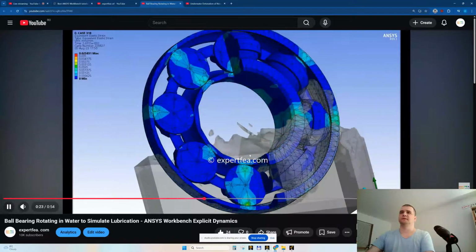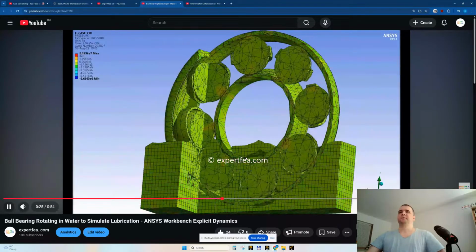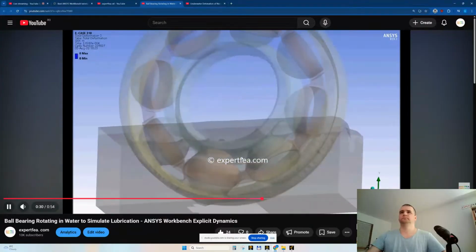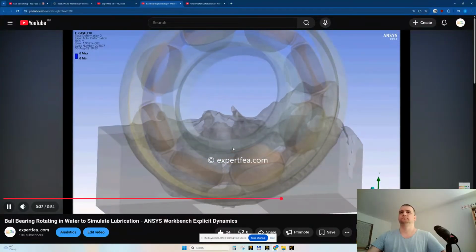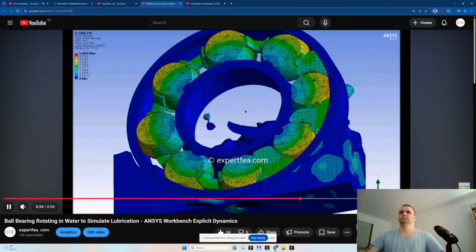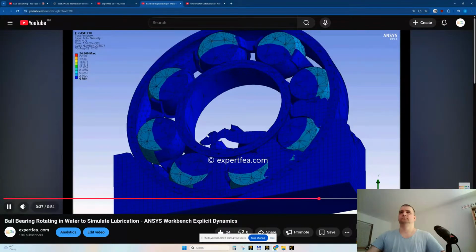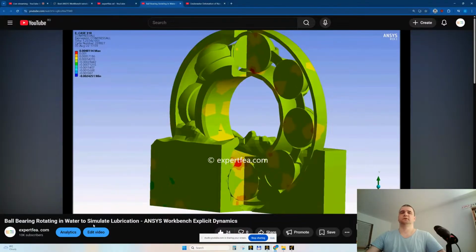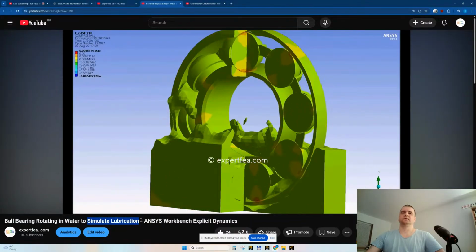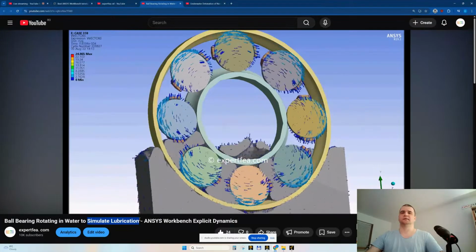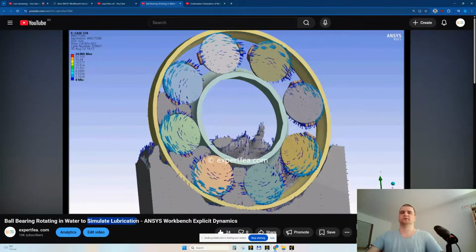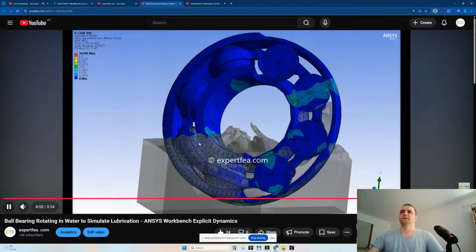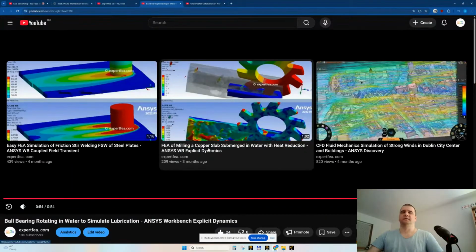This is very complex. This is useful to simulate lubrication. Of course, you need to alter the density and the shear properties in order to obtain some oil or Vaseline.